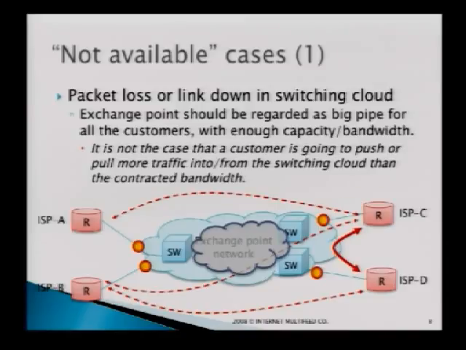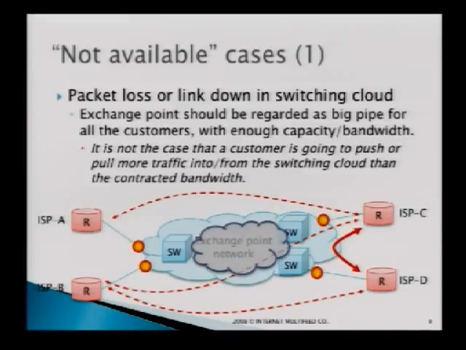Of course, an exchange point should be regarded as a big pipe for all the customers with enough capacity and bandwidth. So in this cloud, the exchange point provider has to maintain no packet loss and no link failure. Such a state is very important. So if there is some packet loss or link down in here, this network is defined as not available.